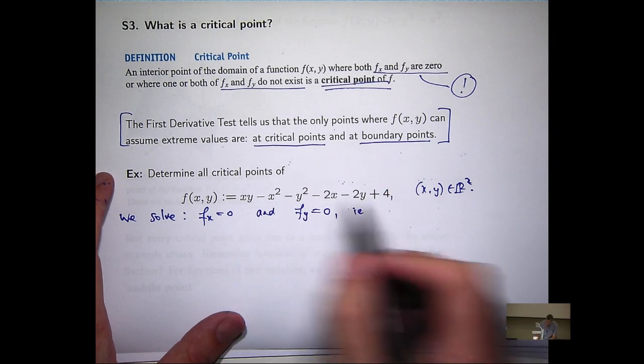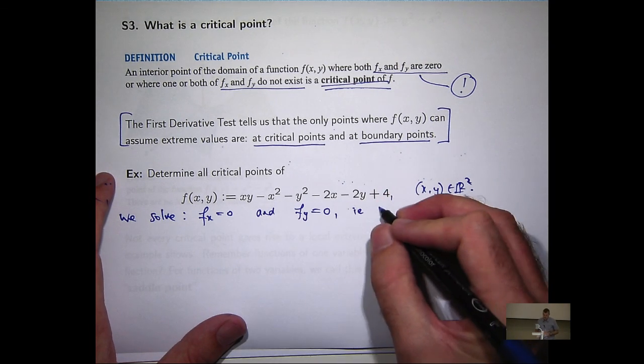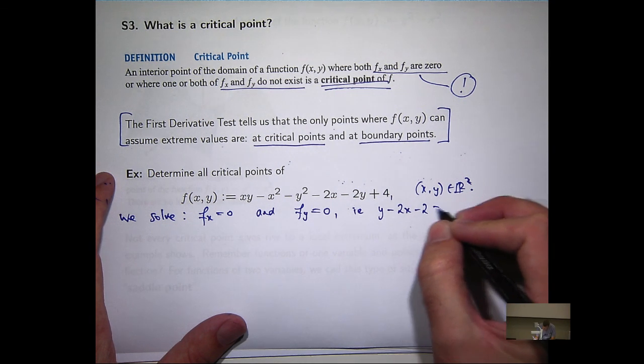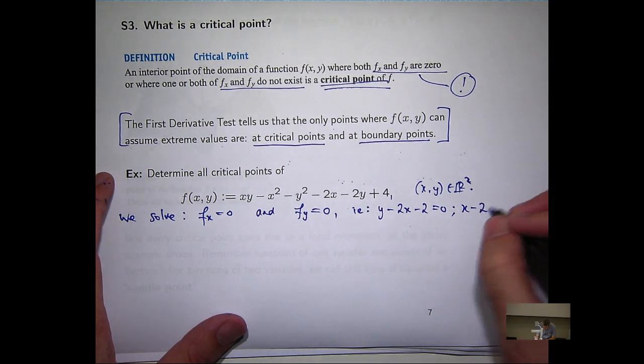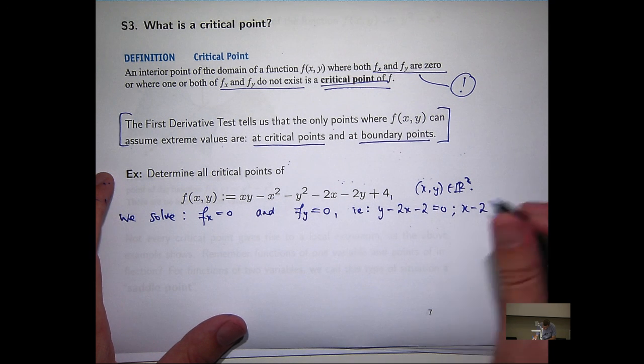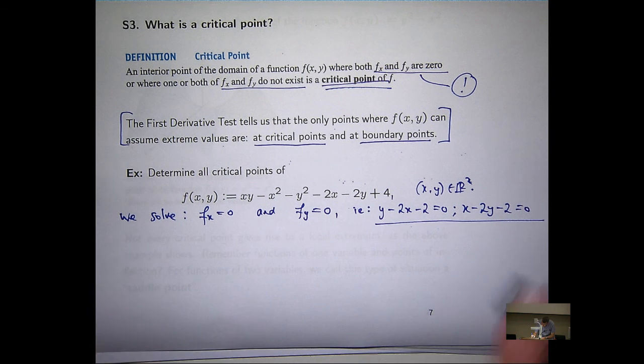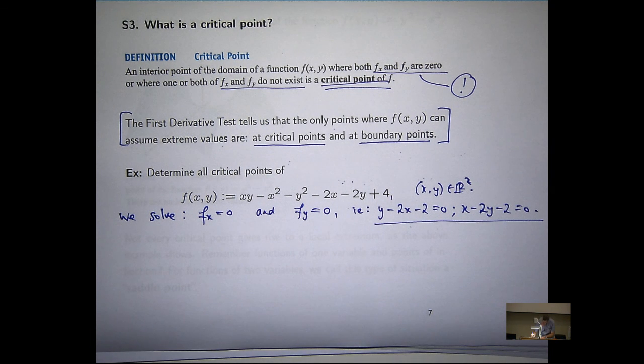So we're going to get, what are we going to get? y minus 2x minus 2 equals 0. And x minus 2y minus 2 equals 0. So we've got two equations and two unknowns. So now we want to solve for x and y. The x and y will give us our critical point or points. So let's sub one into the other.